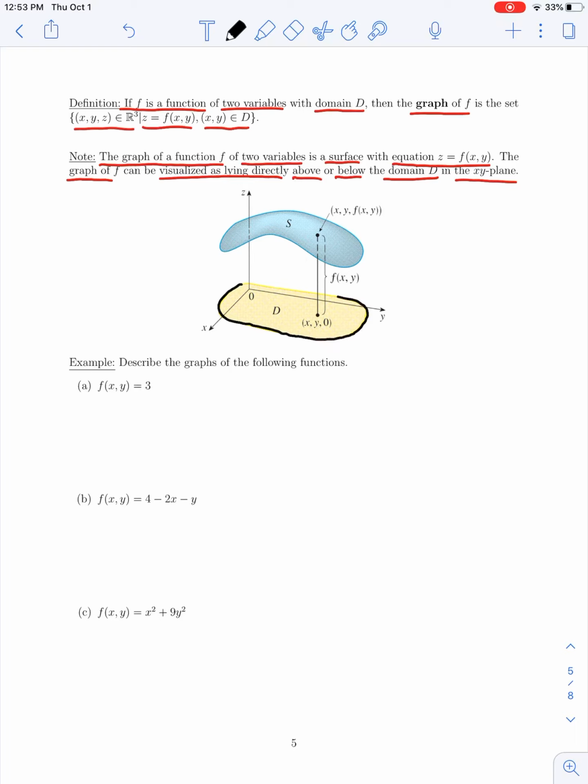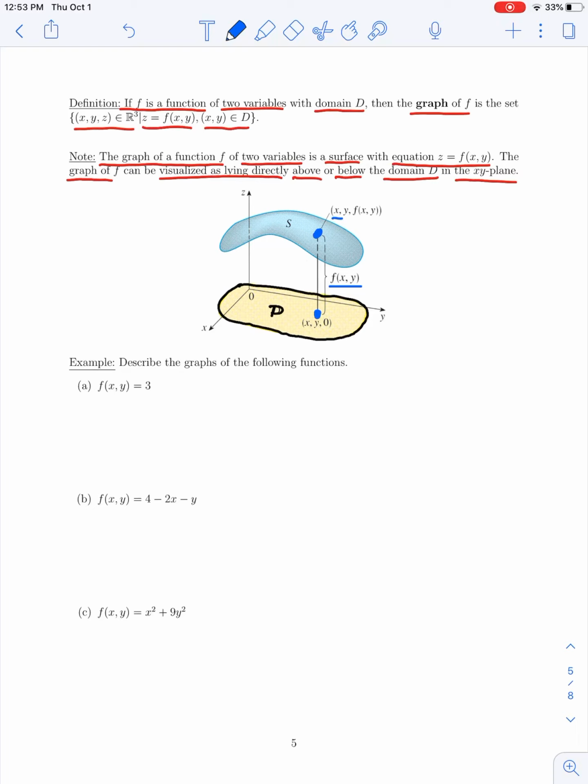As a visualization here, suppose that we have some function and we have found its domain in the xy plane as D, so we have some region in the xy plane. And for points that we choose within our domain, let's say some point xy, we can find the value of the function f at this point xy, and that tells us how far we would move upward or downward from that point to get a point on our surface.